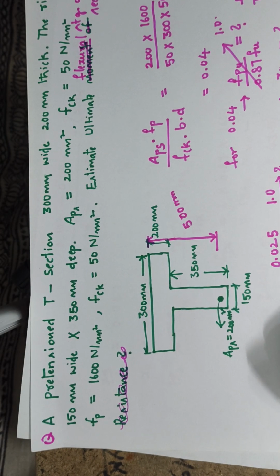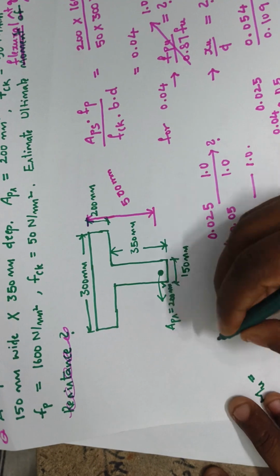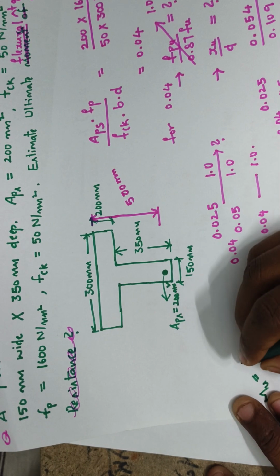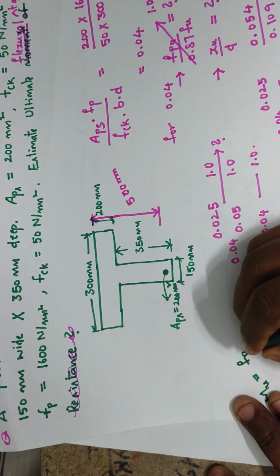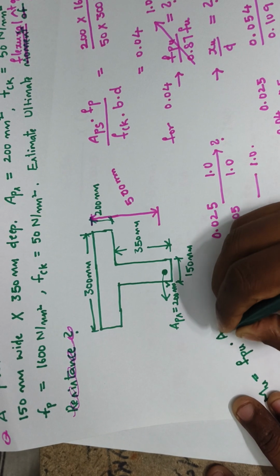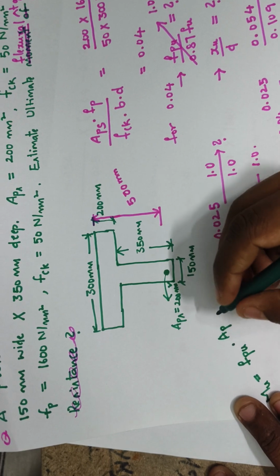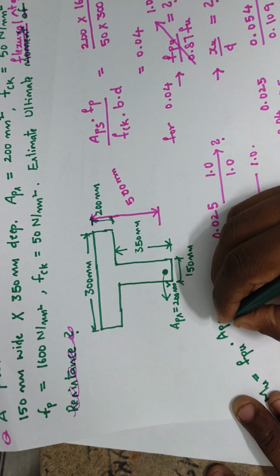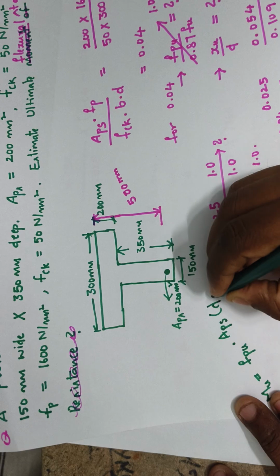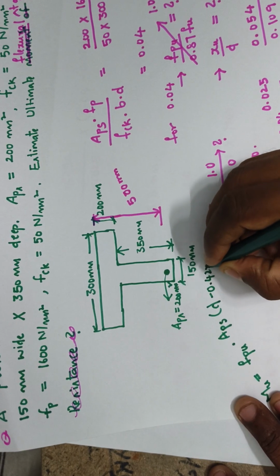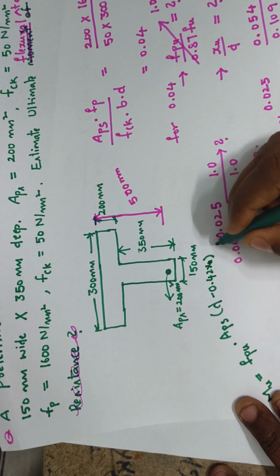Mu is equal to FPU into APS into D minus 0.42 XU. This is the formula.